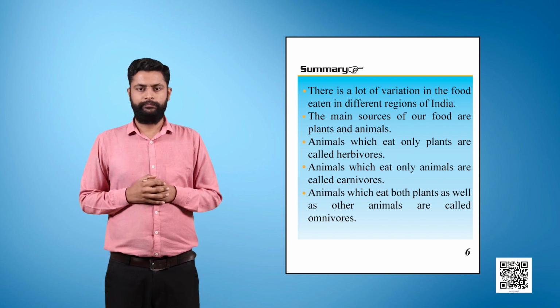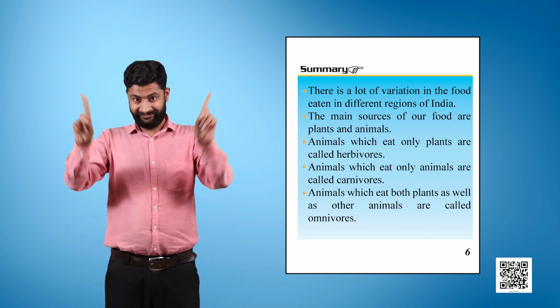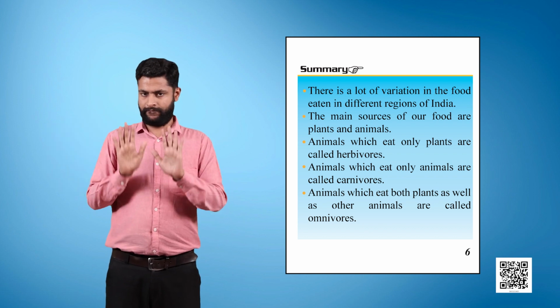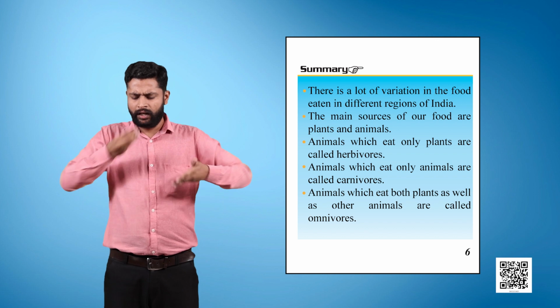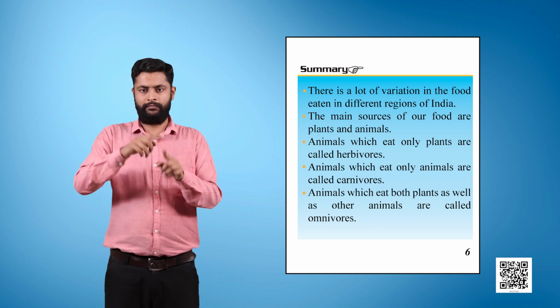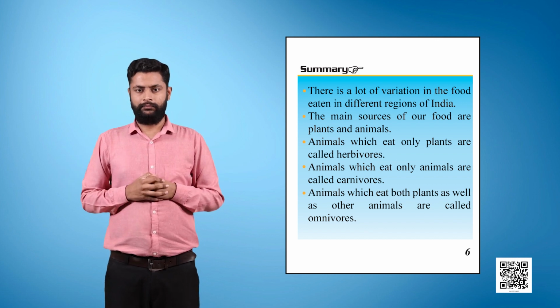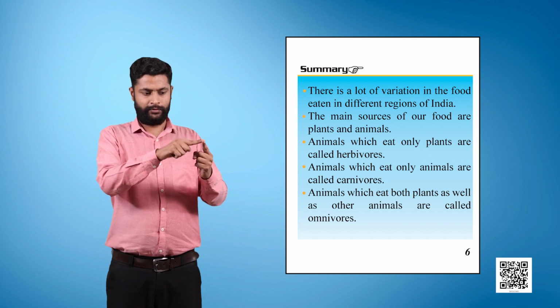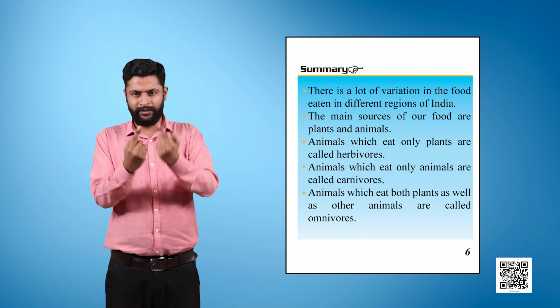Summary. There is a lot of variation in the food eaten in different regions of India. The main sources of our food are plants and animals. Animals which eat only plants are called herbivores.